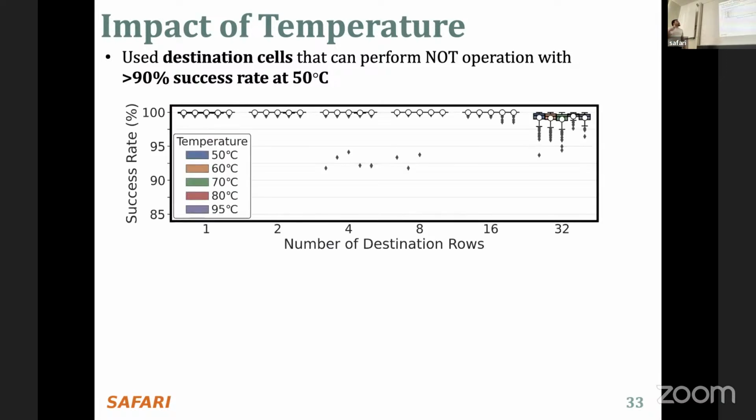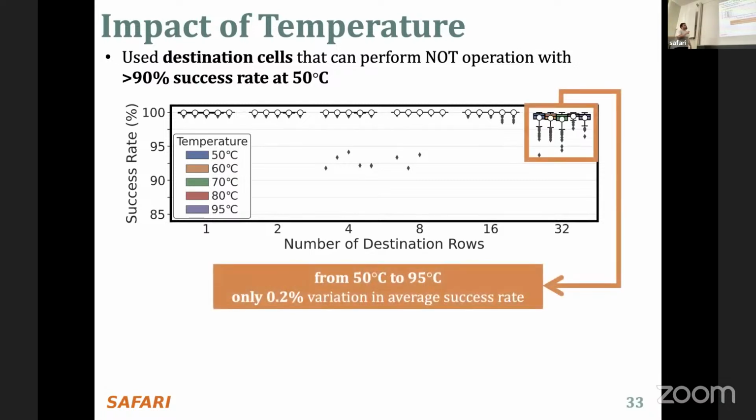So here again, we have the same x and y axes, but here we have a hue. The boxes, let me show you. Each cluster of boxes shows the temperature, and temperature increases from 50 degrees Celsius to 95 degrees Celsius, from left to right.